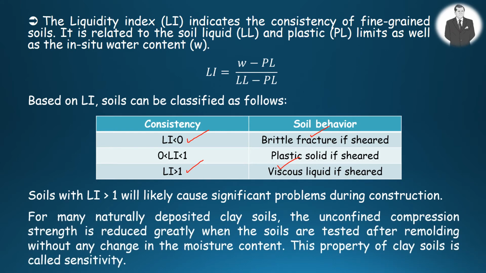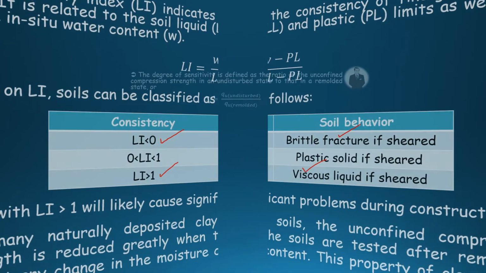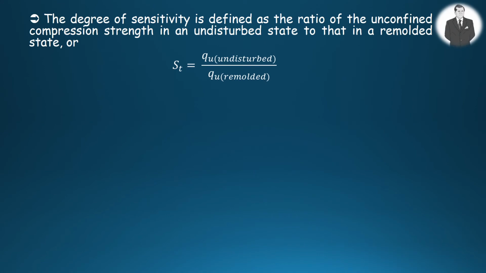For many naturally deposited clay soils, the unconfined compressive strength is reduced greatly when the soils are tested after remolding without any change in their moisture content. This property of clay soils is called sensitivity. The degree of sensitivity is defined as the ratio of the unconfined compressive strength in an undisturbed state to that in a remolded state.